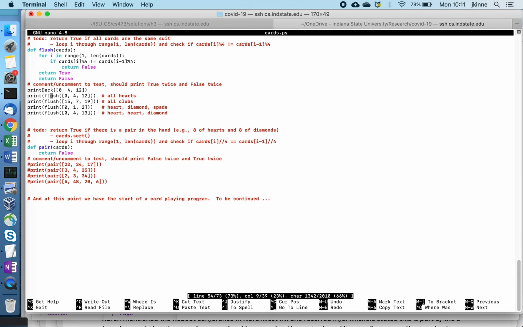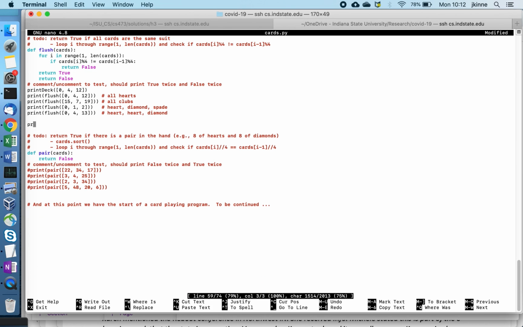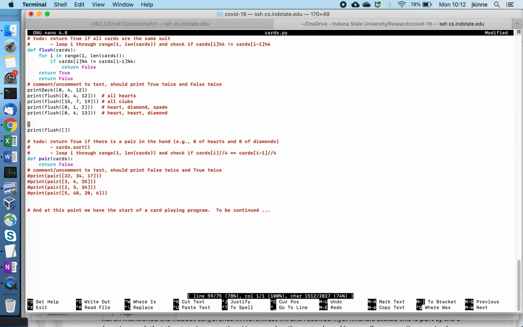You could try it by modifying here or adding another one here. So we could make a new hand. So here's another hand I could call flush of that. Should that be a flush?